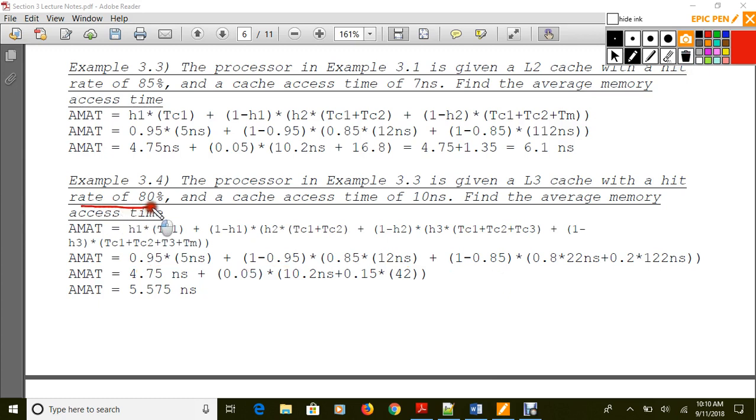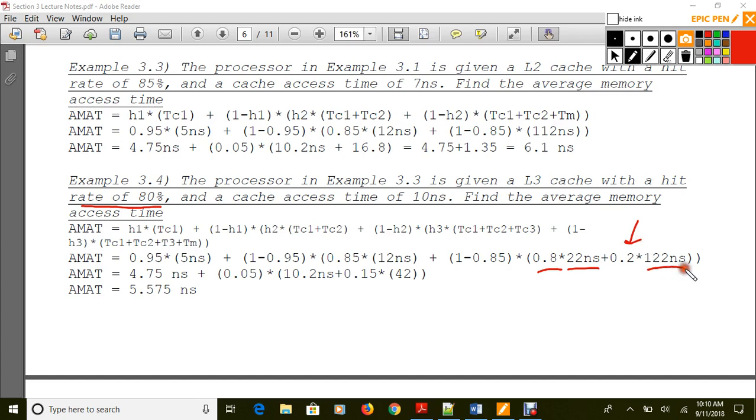So in this case, for the level 3 cache, it's 80%, so it's going to be 0.8. And here, it's 22 nanoseconds. So we have 5 plus 7, 5 for level 1, 7 for level 2, 10 for level 3. 5 plus 7 plus 10 is 22. And then 1 minus 0.8 comes out to 0.2. That's the miss rate of the level 3 cache.